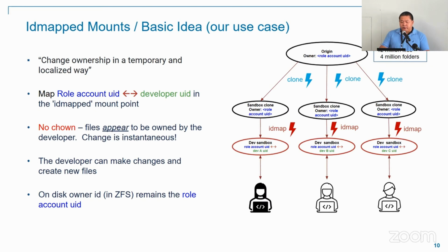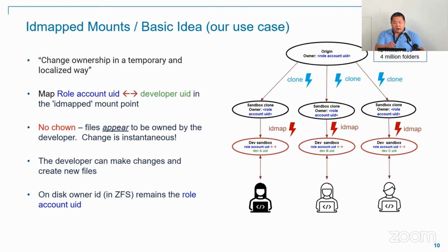In our use case, we map the raw account ID to the developer UID in each dataset in a cloned sandbox dataset. So now you don't have to do the churn. The files will magically appear to be owned by the developer once you have the ID mapping.